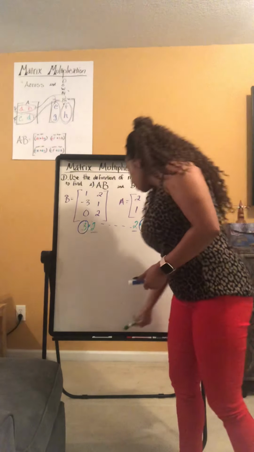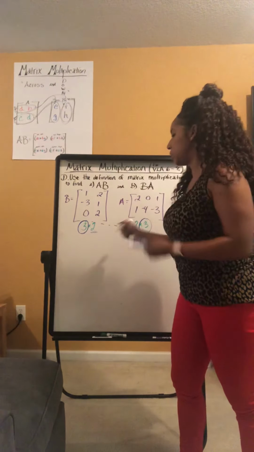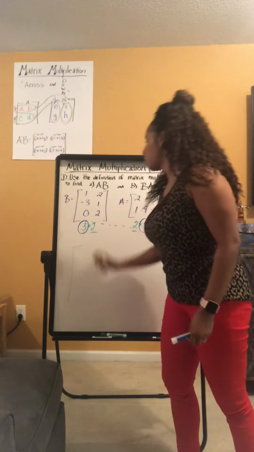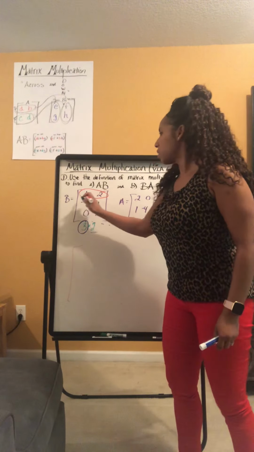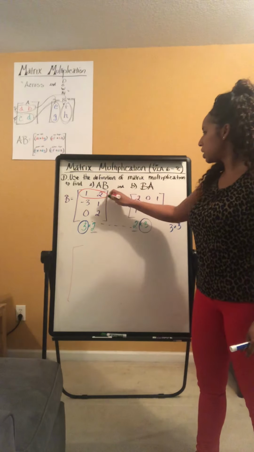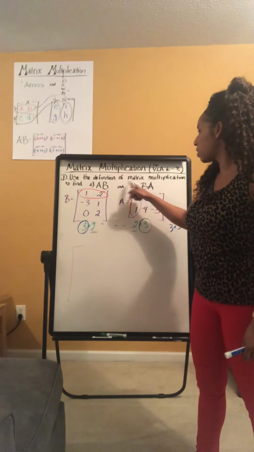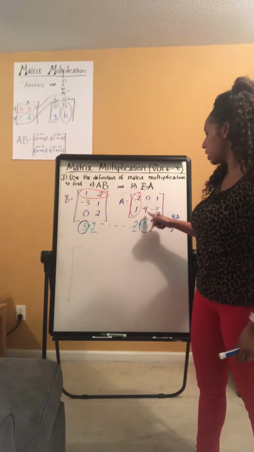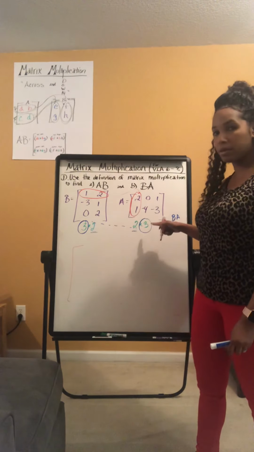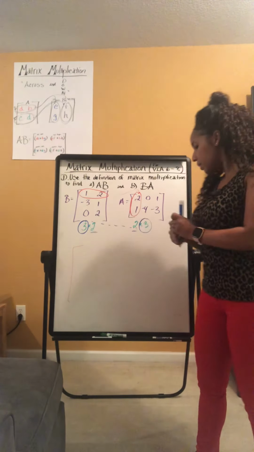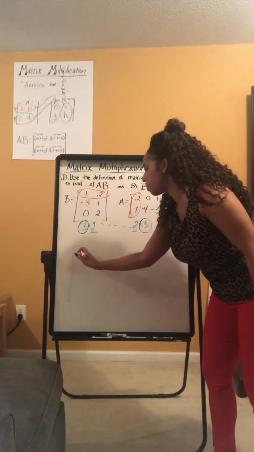Okay, so when we multiply matrices, we take the first row and send it down the first column, and then distribute. I will send the first row down the first column, then the first row down the second column, then the first row down the third column. When I send it through, I want to multiply.